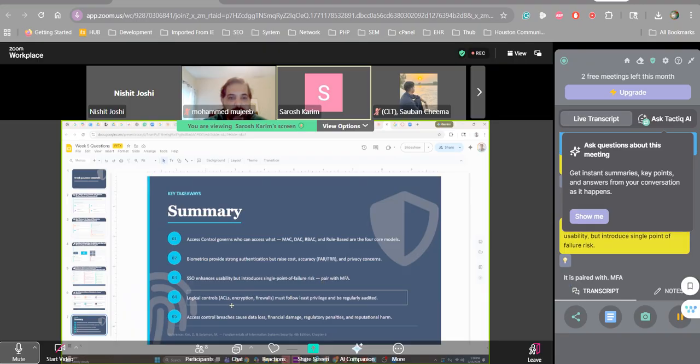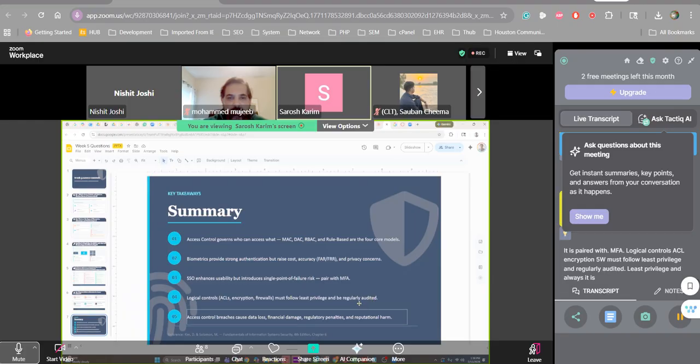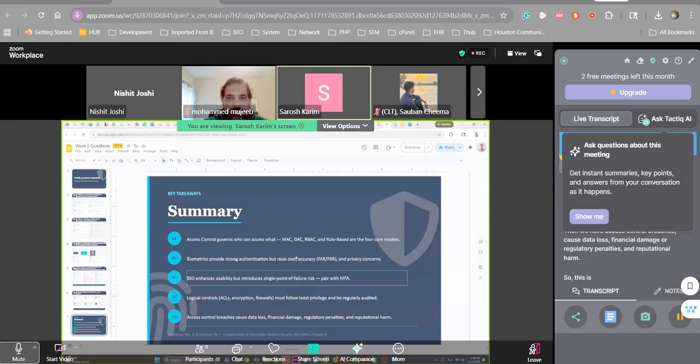Logical controls, ACLs, encryption, and firewalls must follow least privilege and be regularly audited. Then access control breaches cause data loss, financial damage, regulatory penalties, and reputational harm. So these are the key takeaways and summary.